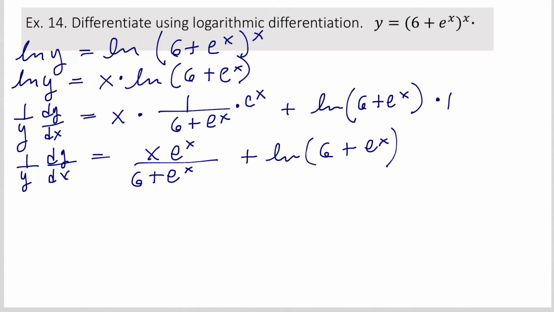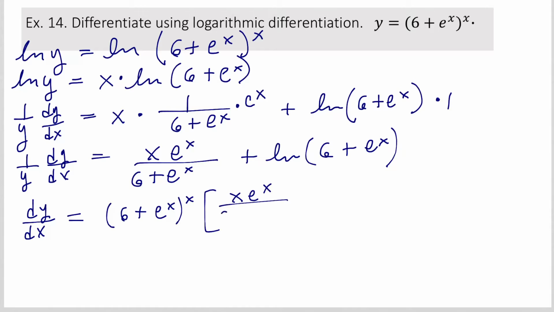All right, so now I need to multiply both sides by y to solve for dy/dx. Of course, y is simply from the very beginning, 6 plus e to the x, to the x power. So that's y times all of this inside the bracket.